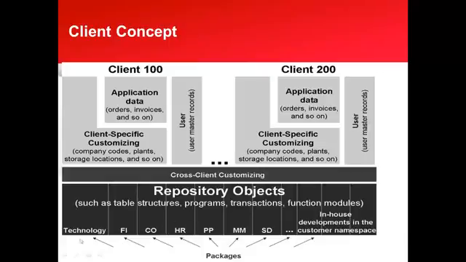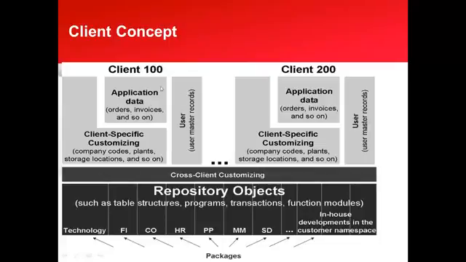Basically this is finance, controlling, human resources, production planning, material management and sales and distribution. So this is the cross-client data: across the clients this data remains the same.